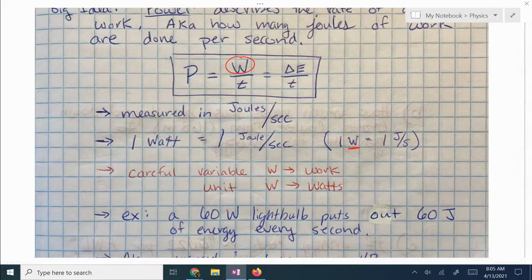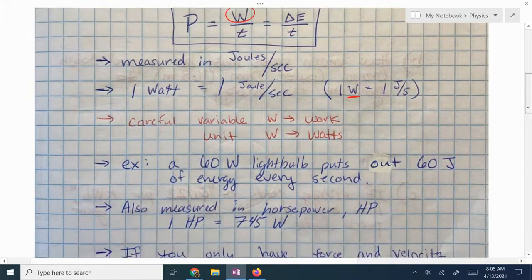It's a unit telling you how many watts it is. So keep in mind that we have two capital W's working in close proximity here. One is a variable representing the amount of energy. The other is a unit representing joules per second.